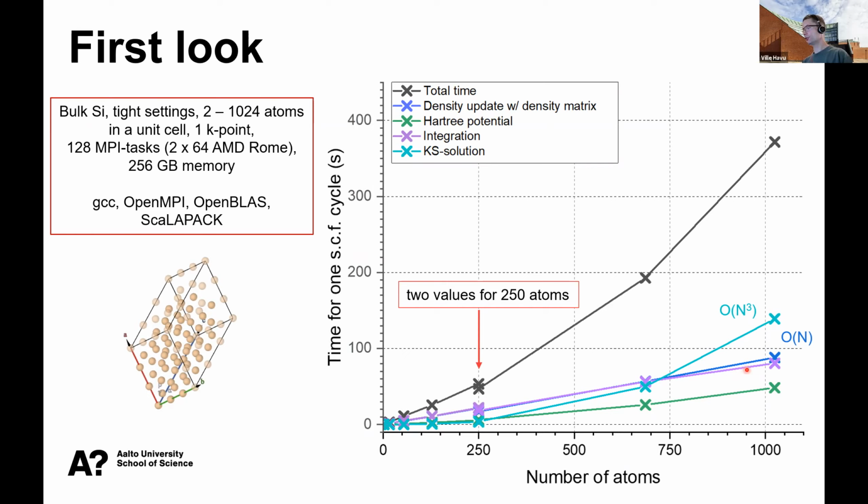These numbers don't include forces, so this is just a simple no forces, no stress tensors, because they're usually done only for one or two iterations in the SCF cycle, which can be expensive, but it's not really necessary for this kind of scaling graphs.